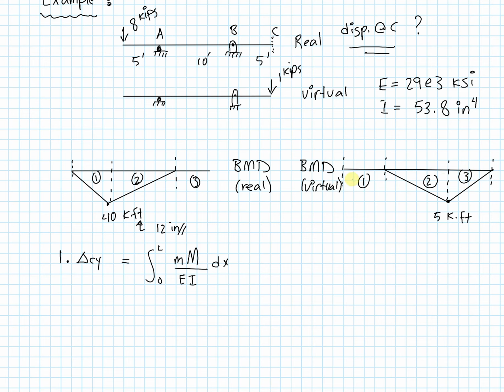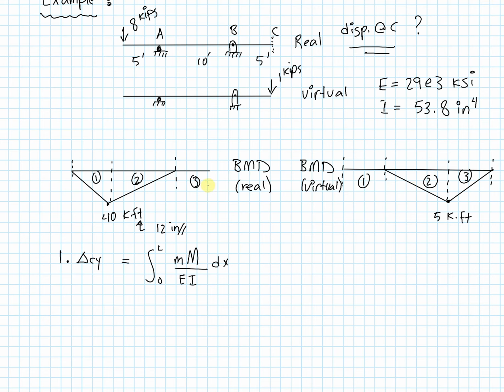What we notice is that segment 1 in the real structure corresponds to a moment of 0 in the virtual structure. So we can ignore that because they multiply and result in a 0 resultant. Segment 2 is interesting because the values are not 0, so we're going to use that.